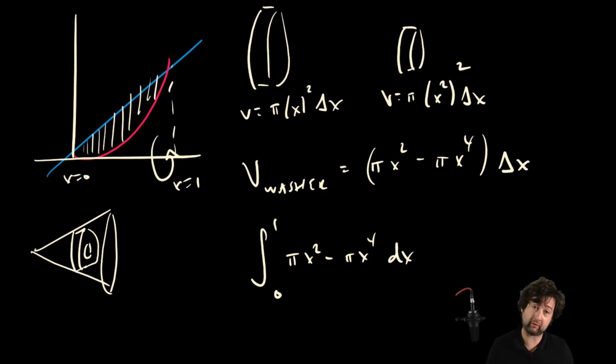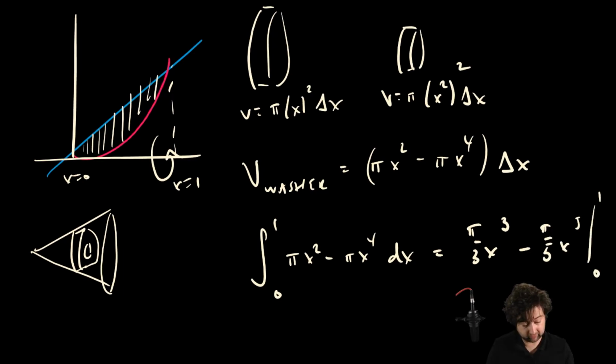At this point, all we have to do is compute the integral. That's straightforward. We get pi over 3 x to the third minus pi over 5 x to the fifth, evaluated from 0 to 1, which is just pi over 3 minus pi over 5.